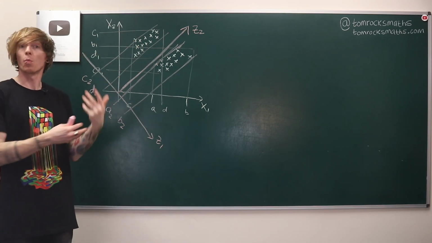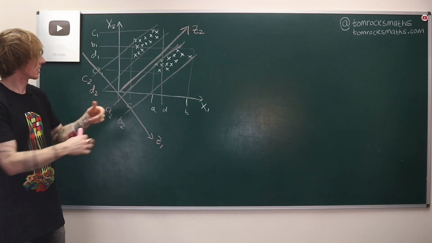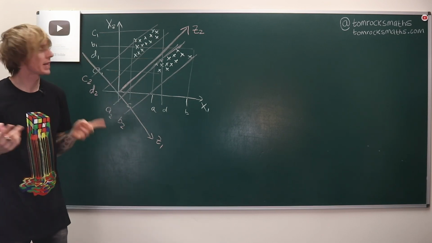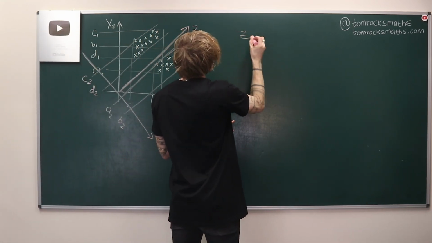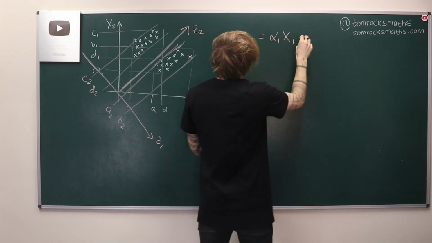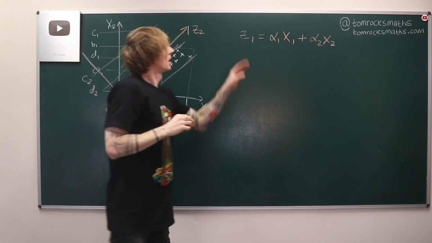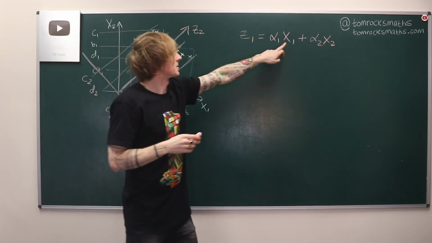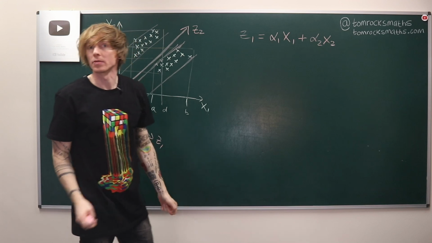Now, if we think about what we have done from a geometric perspective, then we have rotated the axes. But what that means is actually just saying that our new axis, Z1, is just going to be some linear combination of our previous two axes: alpha 1, which is unknown, times the x1 variable, and alpha 2 times the x2 variable.